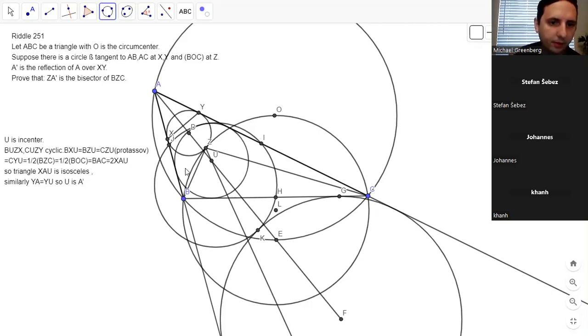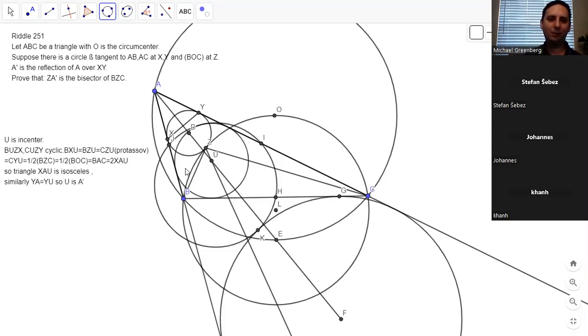Which is half BZC, which is half of BOC, which is BAC, which is 2XAU. So since BXU is 2XAU, oh yeah, so XAU is isosceles. Interesting. So yeah, that does it.